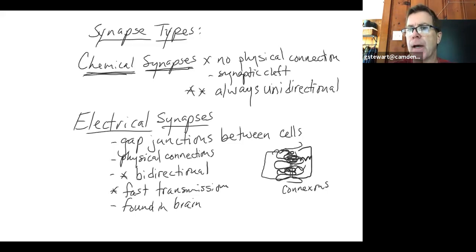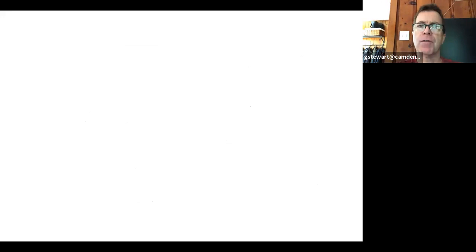Now I'm going to go back to this and just briefly talk about how chemical neurotransmitter is released from a chemical synapse, the presynaptic cell. So I'm sort of skipping, may not be going in direct order of your textbook, but that's okay because I need to hit on all of this stuff.